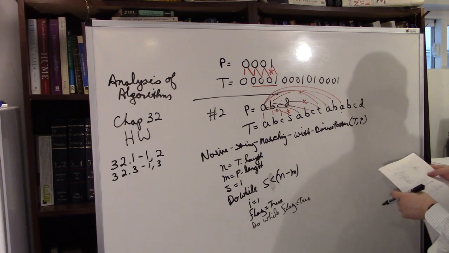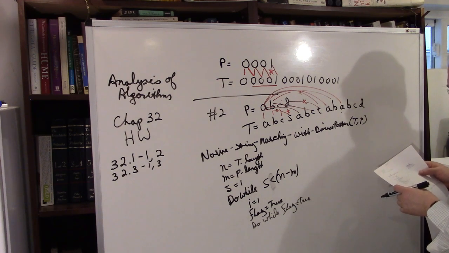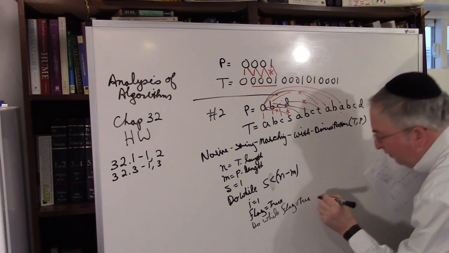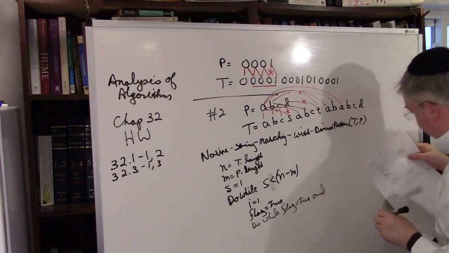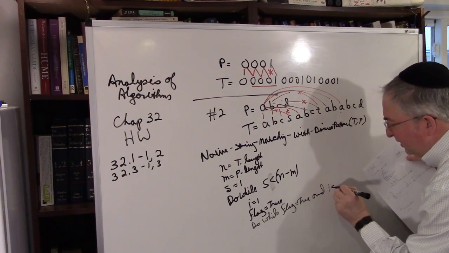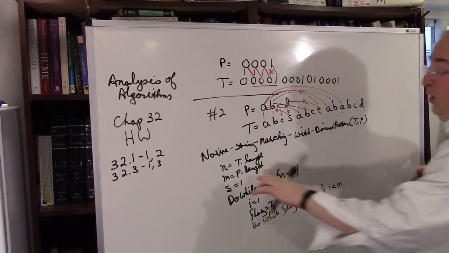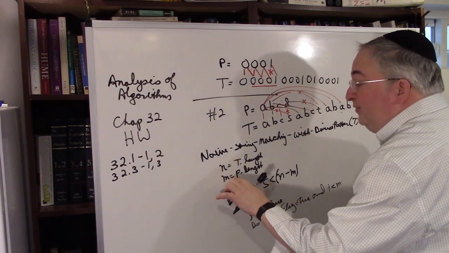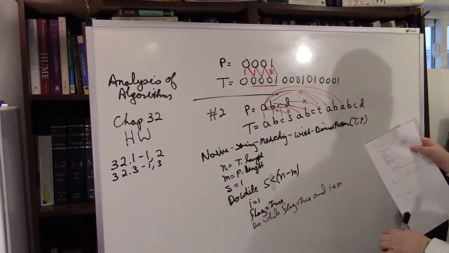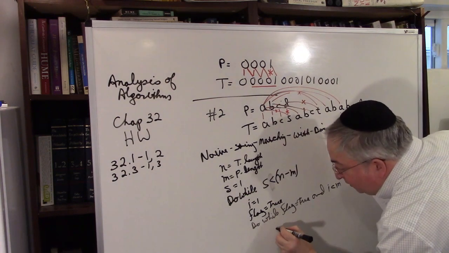You can do this, there are better ways of doing this. Do while flag is equal to true and I is less than m. In other words, we didn't come to the end of the pattern. And here's the main thing.